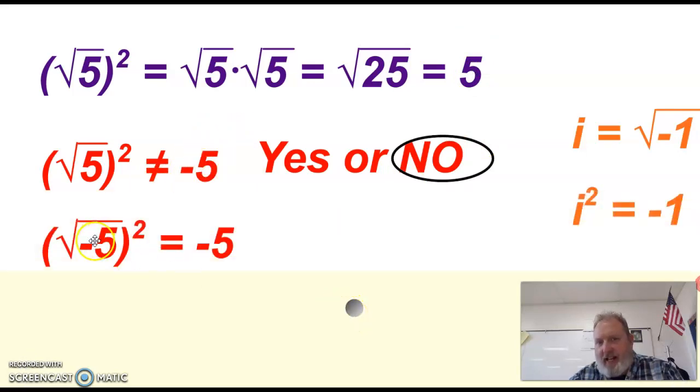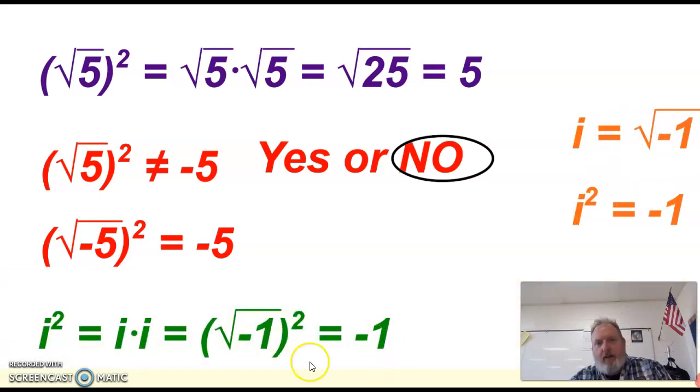We have to take the negative, or square root of negative 5 squared, if we want to get negative 5. And again, the basis for that is in this i squared. i is the square root of negative 1. i squared is negative 1. So again, if I square this, I am going to get negative 1. So i squared is negative 1. That will hold true throughout the remainder of the year as we go to simplify these expressions.